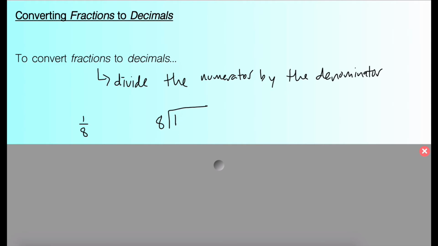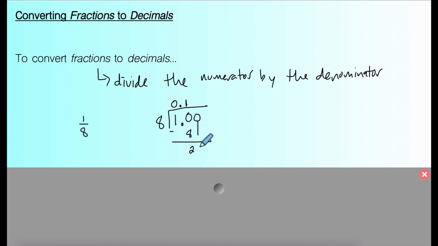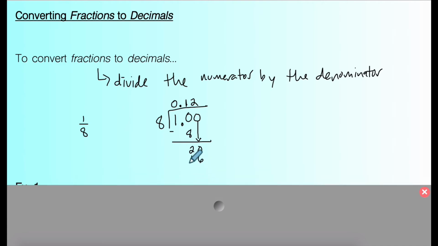Now, think back to how you do long division. 8 can go into 1 0 times. So I'm going to add a decimal point and add a 0. 8 can go into 10 one time. 8 times 1 is 8. Subtract and add another 0. 8 can go into 20 2 times. 8 times 2 is 16.